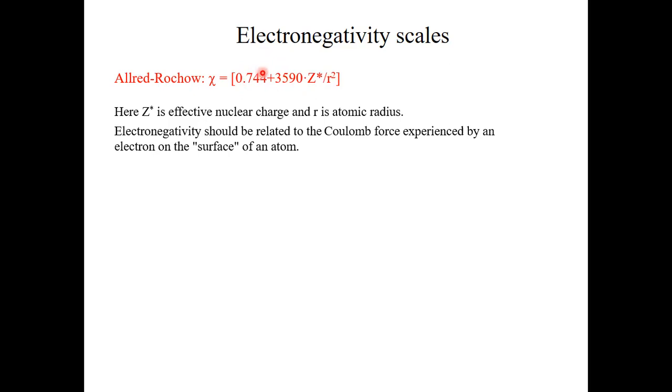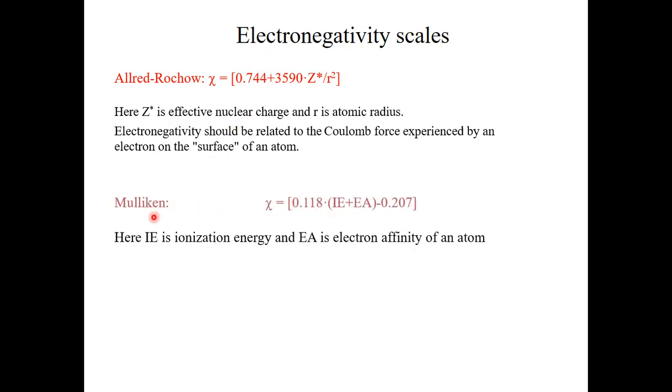Another very popular scale is the Mulliken scale. The Mulliken scale relates electronegativity to two other periodic properties, namely the ionization energy and the electron affinity. It basically says that the higher the ionization energy is, the harder it is to remove an electron from a neutral atom.